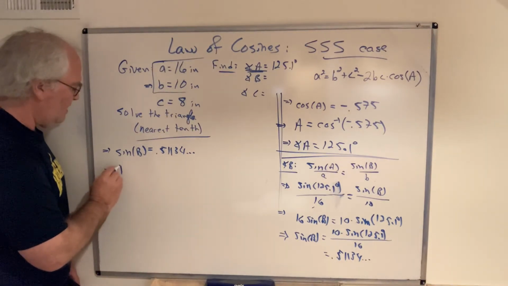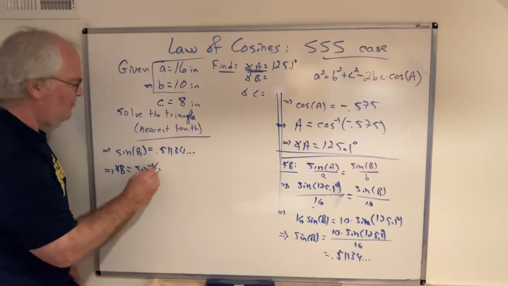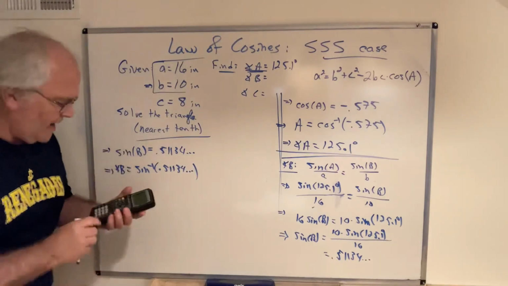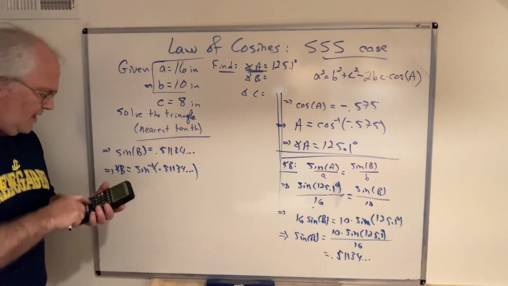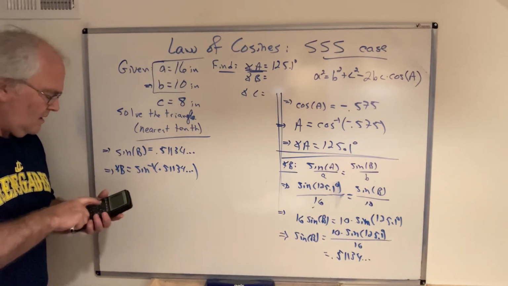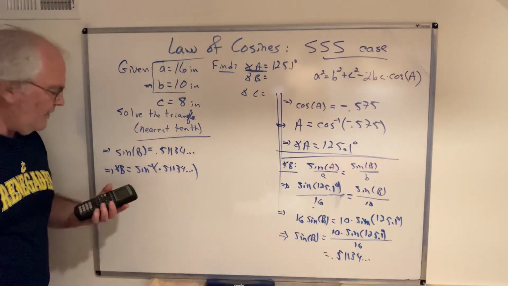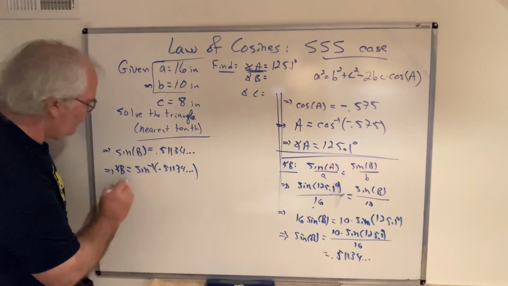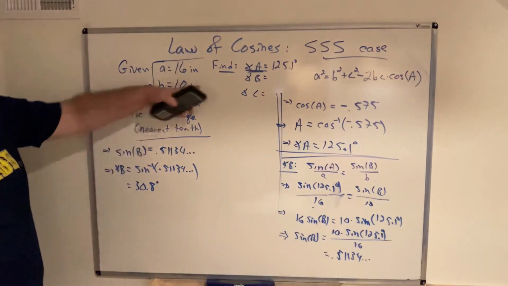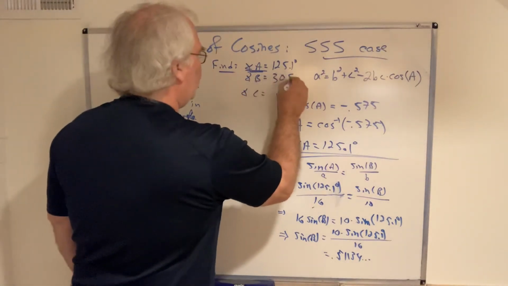So angle B is given by sine inverse of 0.51134, which is still in my calculator. I want sine inverse of my previous answer, and that is 30.8 degrees. And sure enough, that's smaller than 125.